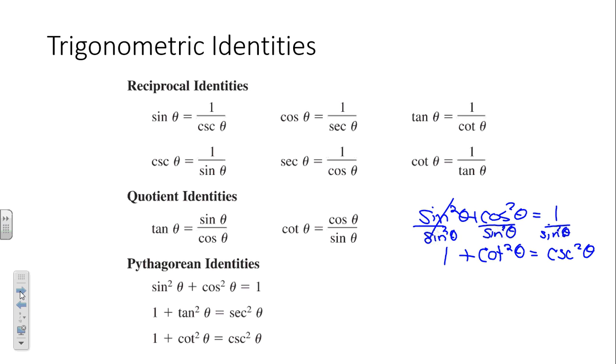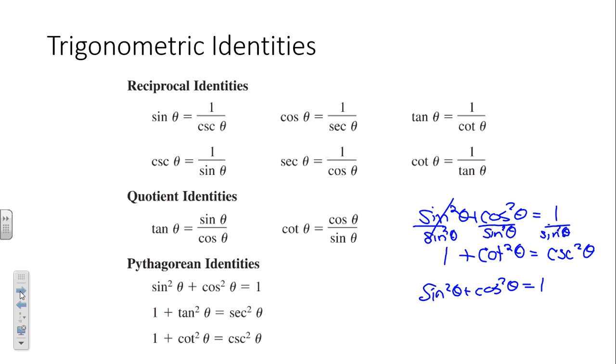What do you think I can do to sine squared plus cosine squared equals 1 to make something else appear, or make another equation? How am I going to get this? Divide everybody by... What am I going to do?